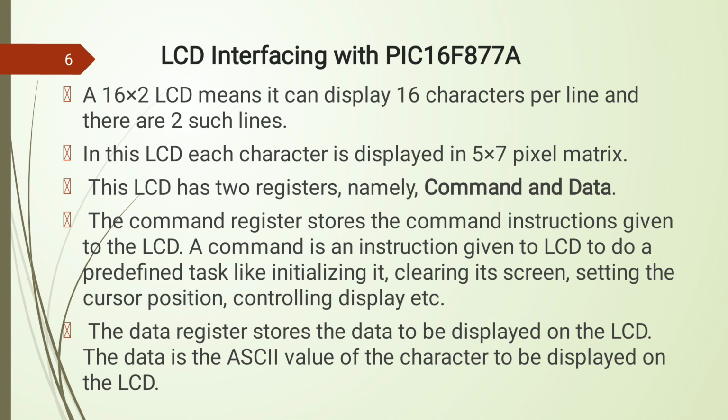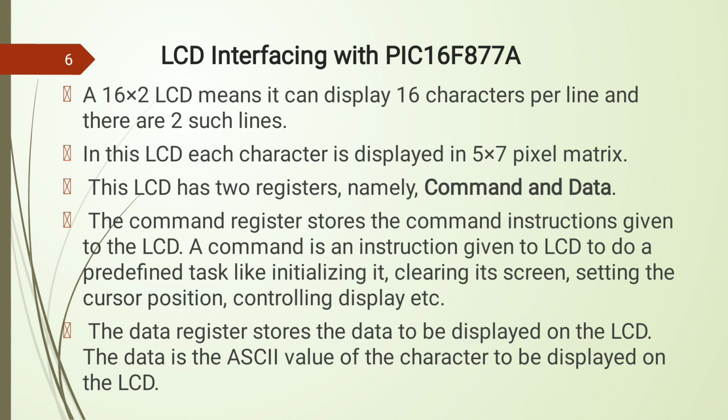LCD has different versions or modules, like 16 by 2, 20 by 2, 20 by 4, 40 by 2, 40 by 4, 80 by 2, 80 by 4, like that. So as per user requirement, we select the LCD for interfacing with the PIC microcontroller.